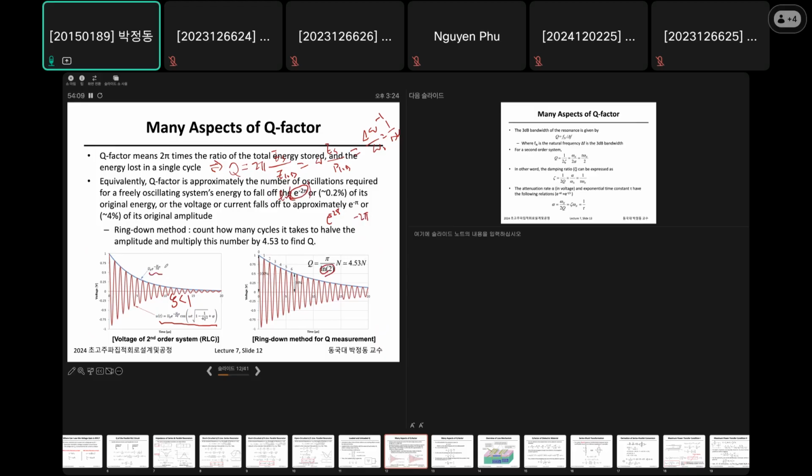So this becomes half. Then just take a ln. This is ln of e to the minus omega t over 2Q, and this is ln 2.